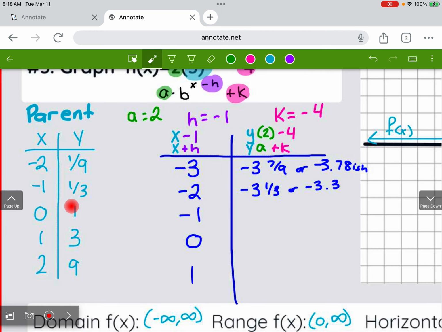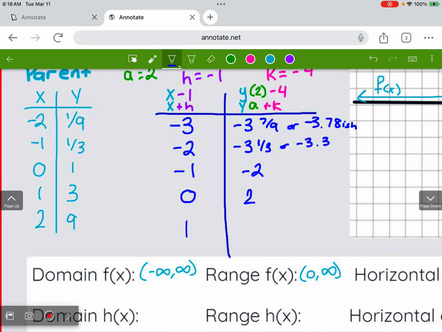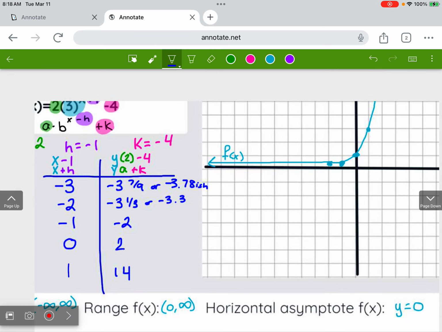Then we're back into the world of whole numbers, and we're so much happier with that because we're taking our 1 times our 2, and that's going to give us 2. -4 gives us -2. 3 times 2 gives us 6, -4, and we get a +2. 9 times 2 gives us 18, -4, 14. Definitely not on the graph, but that's okay. We're still filling in our table.